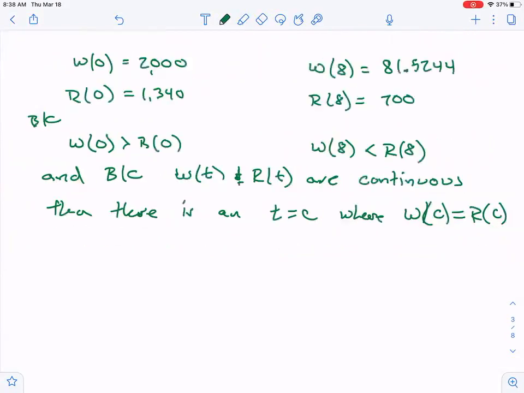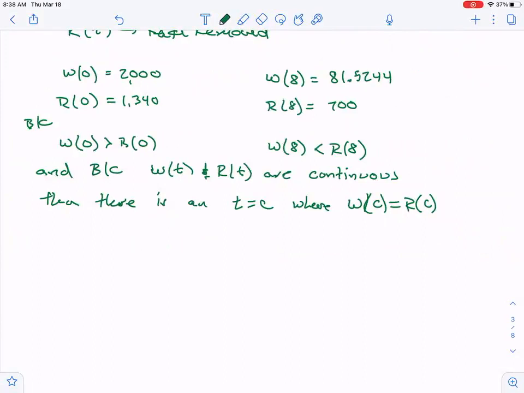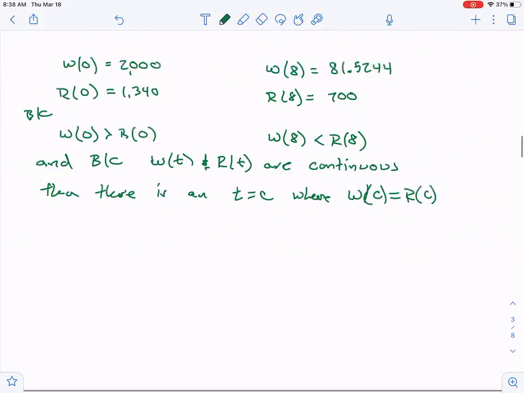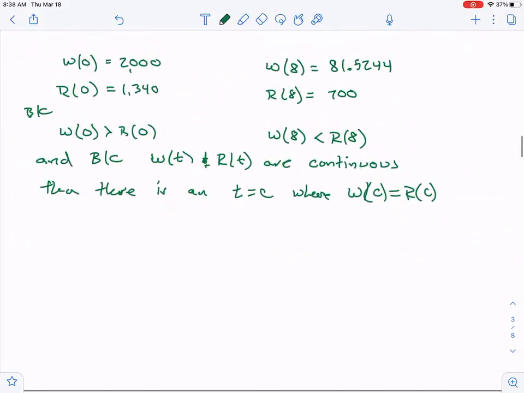Yeah, Luke? So we're saying there is a point at which water is being removed and added at the same rate, because the two functions intersect. You got it.